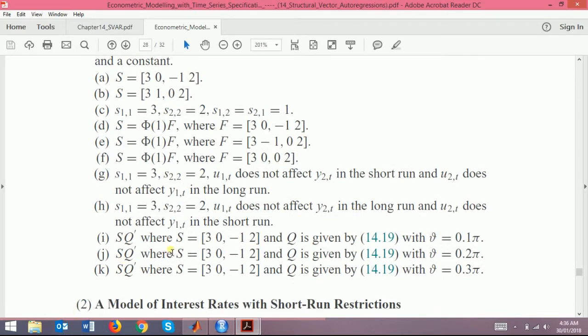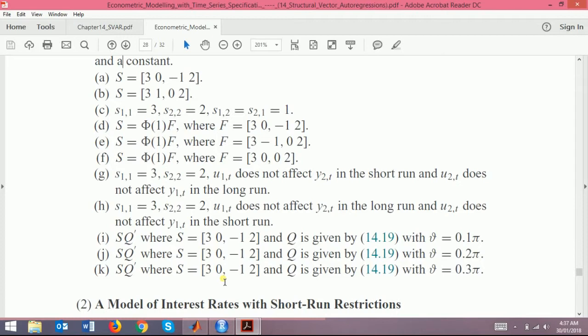SQ transpose, where S is equal to 3, 0, minus 1, 2, and Q is given with gamma 0.1 pi, so this is a sign restriction. Then SQ transpose, where S is equal to 3, 0, minus 1, 2, and Q is given by gamma 0.2 pi.